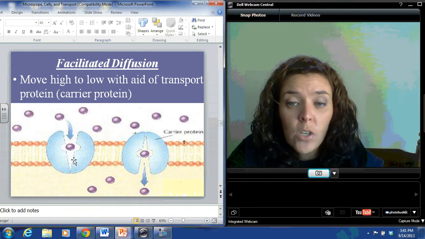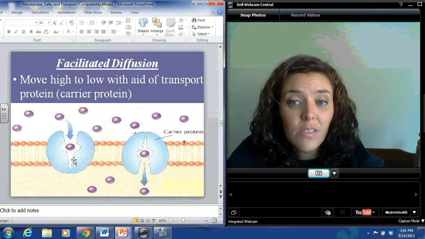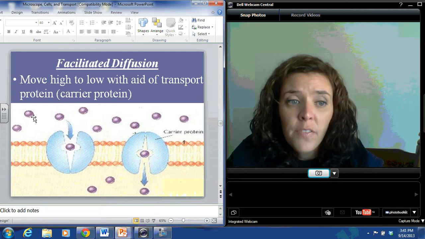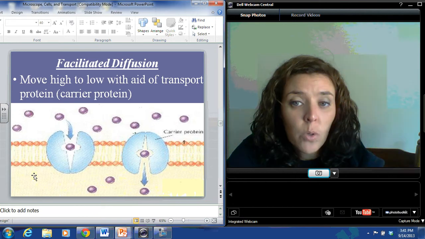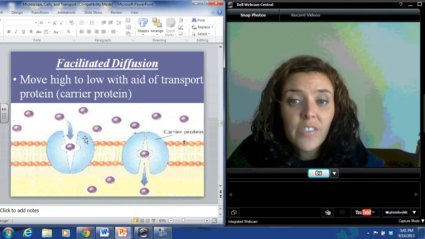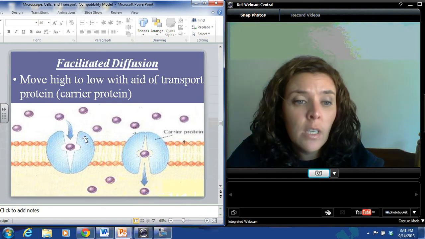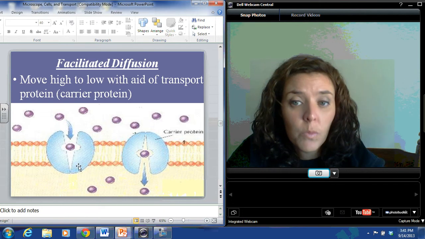Again, no energy is required. No energy, so it's still a type of passive transport. If this molecule were able to go straight through the membrane, it would be called simple diffusion. But since it needs a carrier, it is called facilitated diffusion. It needs help getting from one side to another, and the protein helps with that.